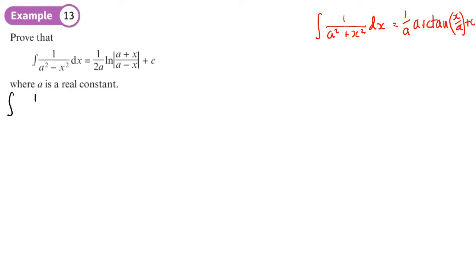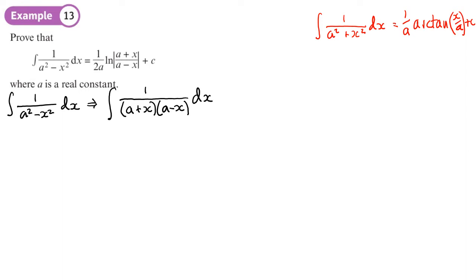Right, so the first thing, if I write this down, is that the bottom is the difference of two squares. So I have 1 over a minus x and a plus x. So let's do a plus x, a minus x dx.